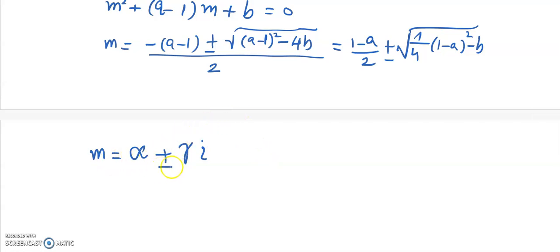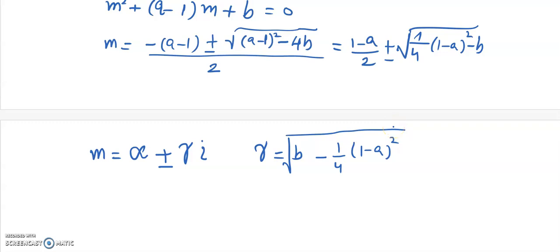So we can represent these roots as alpha plus or minus gamma i, where gamma is equal to the square root of b minus 1 by 4 (1 minus a) squared. Okay, and then we are left with this i. So these are the roots.